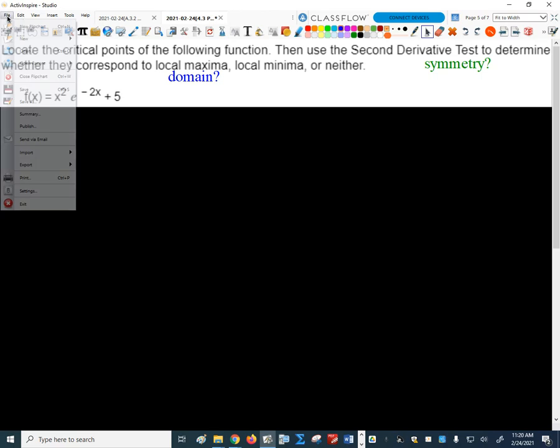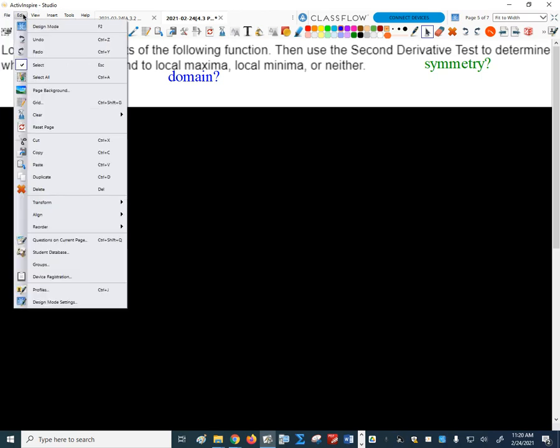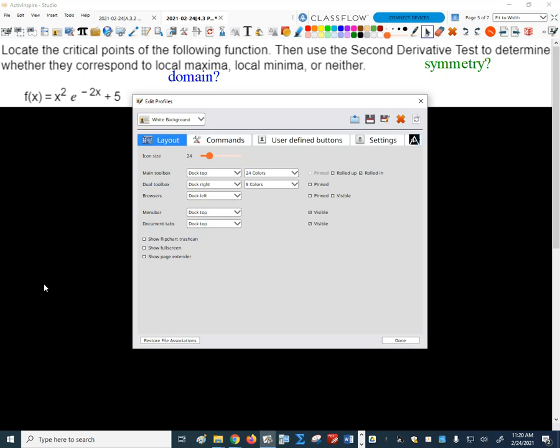And why? Type it in. What's the domain of that?